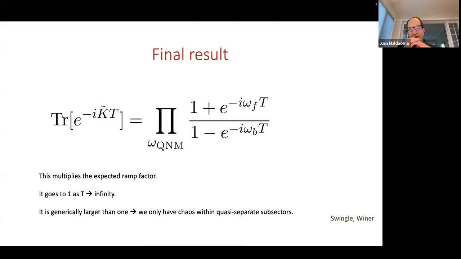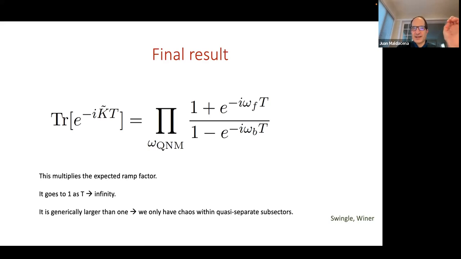And that implies that we don't have chaos within the full system, but we have chaos within separate subsectors. Somehow there are quasi-conserved quantities associated to these quasi-normal modes, and then the system is chaotic within each subsector. Before, I was asked whether we really get the random matrix behavior, and here we see that from gravity we do not get the random matrix behavior.